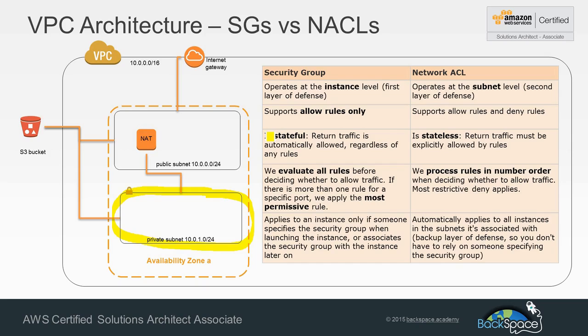In contrast, a network ACL automatically applies to all instances located in the subnet it's associated with. It's a backup layer of defense, so you don't have to rely on someone specifying a security group. So any instance that is launched within this private subnet here will be associated with the network ACL for that private subnet.